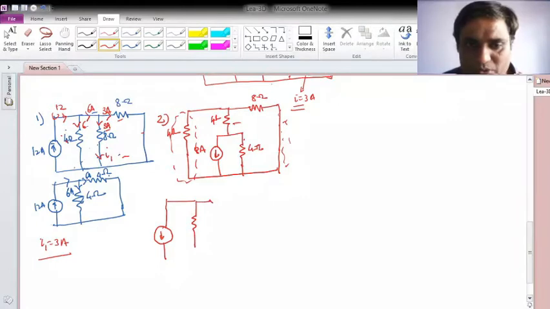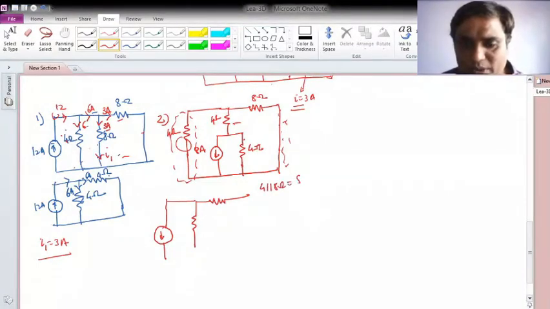This is 4 ohm, also this is 4 ohm, and this 4 and this 8 are in parallel. The resultant of 4 in parallel with 8 ohm comes out to be 8 by 3 ohm. So this will be 4 ohm and this will be 8 by 3 ohm.